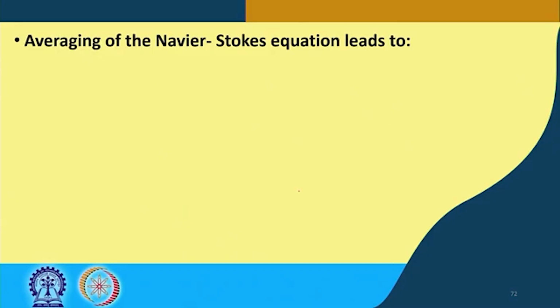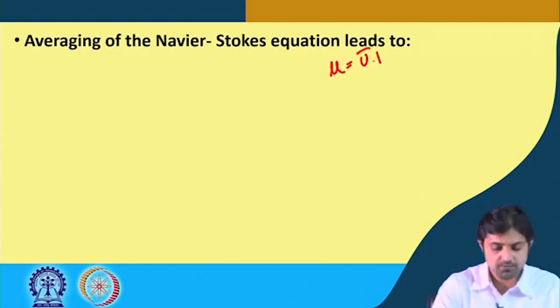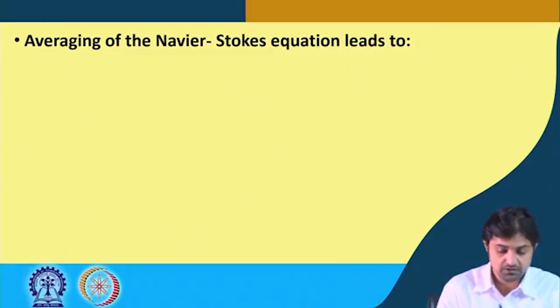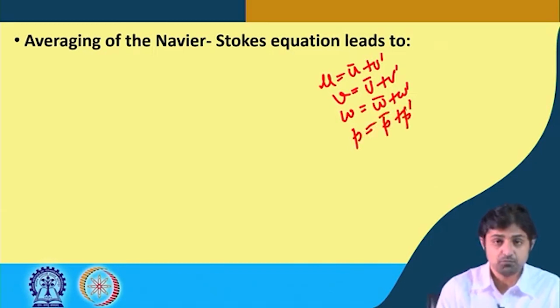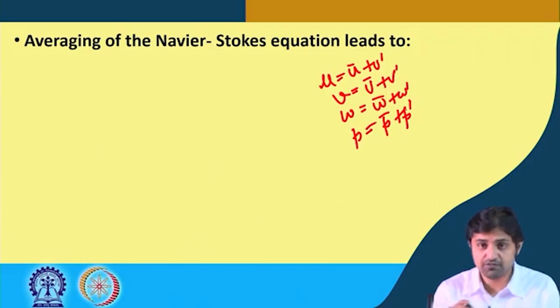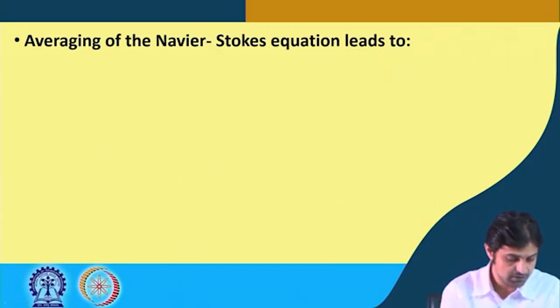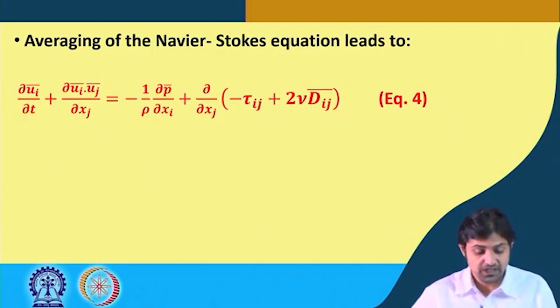So if we do the averaging of the Navier-Stokes equation, if we put u is equal to u bar plus u prime, v is equal to v bar plus v prime, w is equal to w bar plus w prime, and p is equal to p bar plus p prime, and put it into the equation and do the whole average of the equation, we are going to get an equation like del ui by del t whole bar, del ui bar, del uj bar.